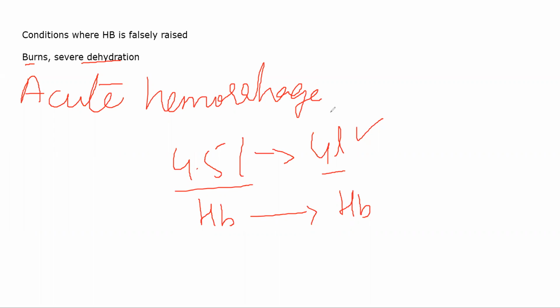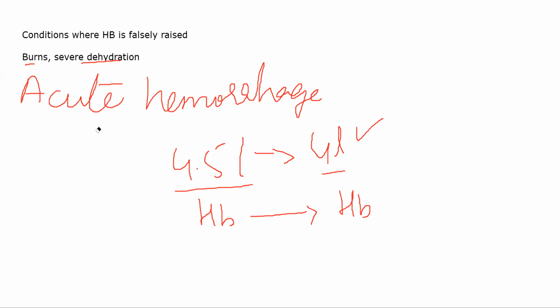Or if blood is taken during intravenous infusion, especially intravenous infusion of iron containing drugs, in that case also hemoglobin will relatively increase. Then there are conditions in which disproportionate anemia or false anemia will occur.